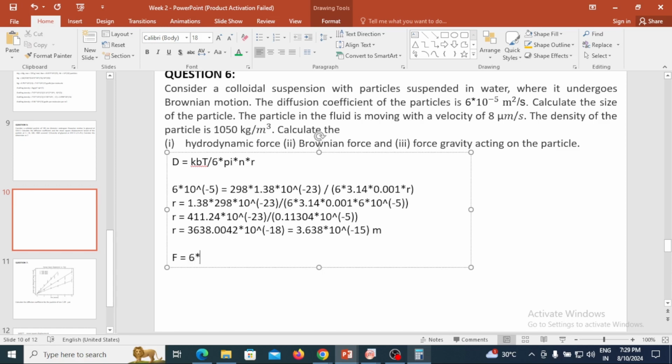That will be 6 pi eta R V. So 6 times 3.14 times eta 0.001 times R. R is given as 3.638 times 10 to the power minus 15 and your velocity is 8 micrometer per second, so 8 times 10 to the power minus 6.